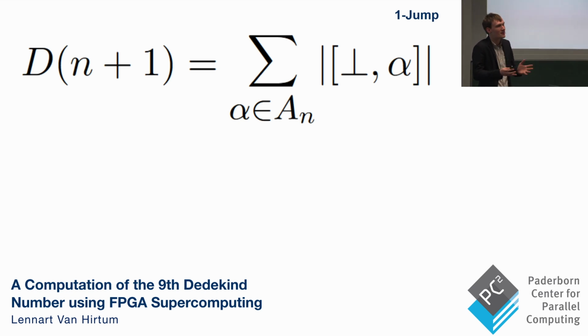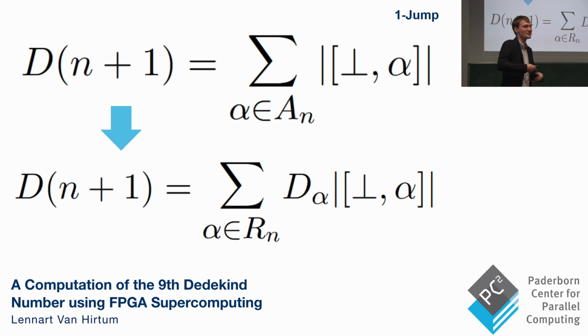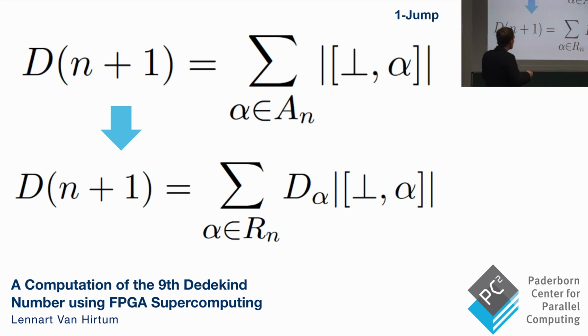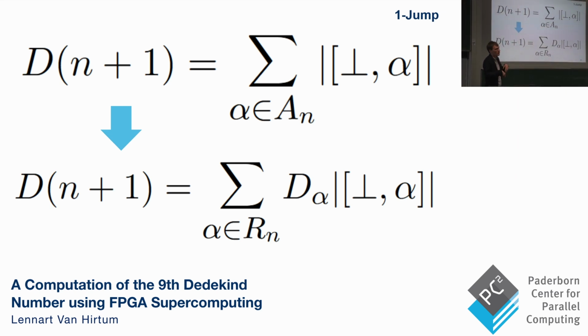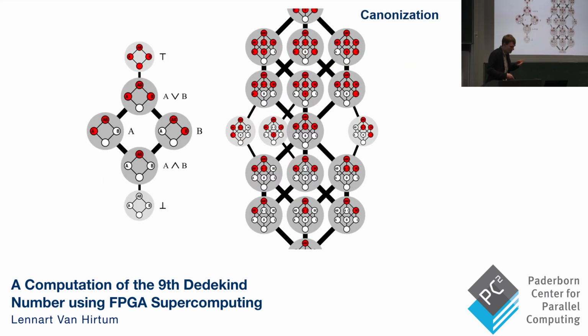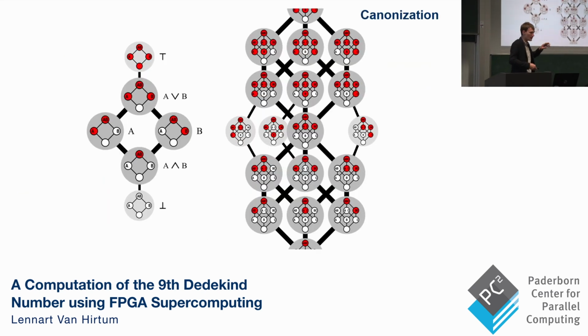Well, we can already do slightly better by removing the symmetries. Patrick also alluded to it before, and that is what we do here. Instead of iterating over all Boolean functions, some of these Boolean functions will look very, very similar. I'll quickly demonstrate that here. Look on the left.